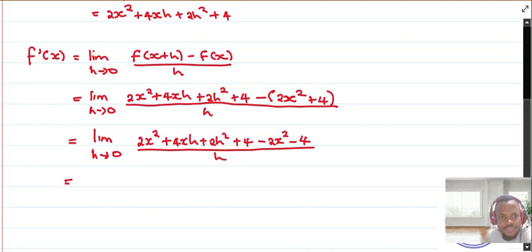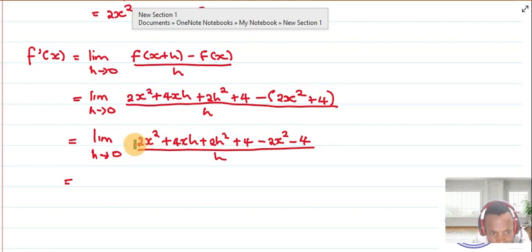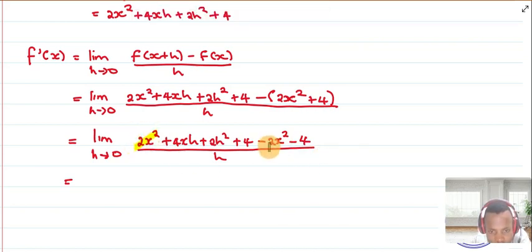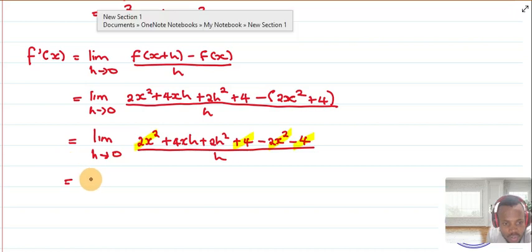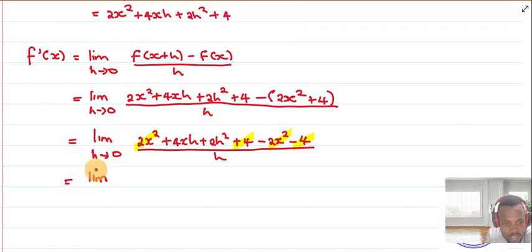Okay, from here you see the like terms. You can see 2x squared and 2x squared cancel, 4 and minus 4 cancel, so you are left with what? You are now left with a limit as h approaches 0, 4xh plus 2h squared.